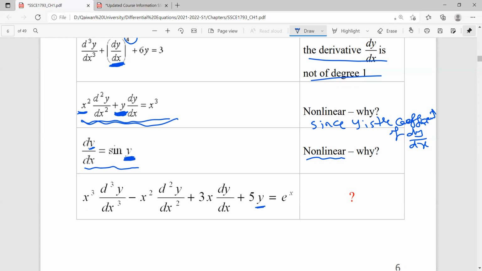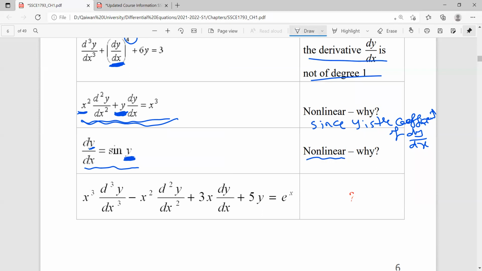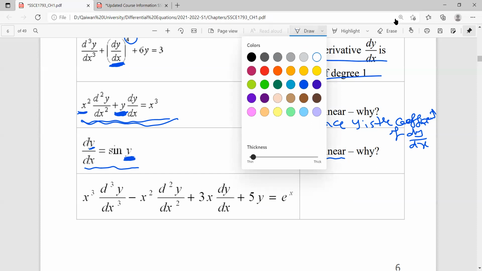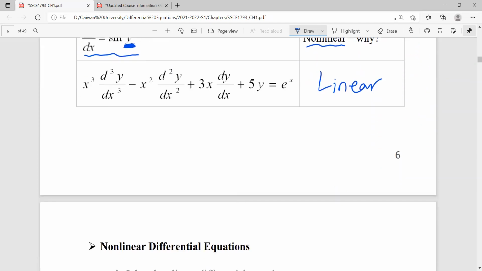Look, this is y. Its degree is 1. It's not an angle. So we say this is a linear differential equation.